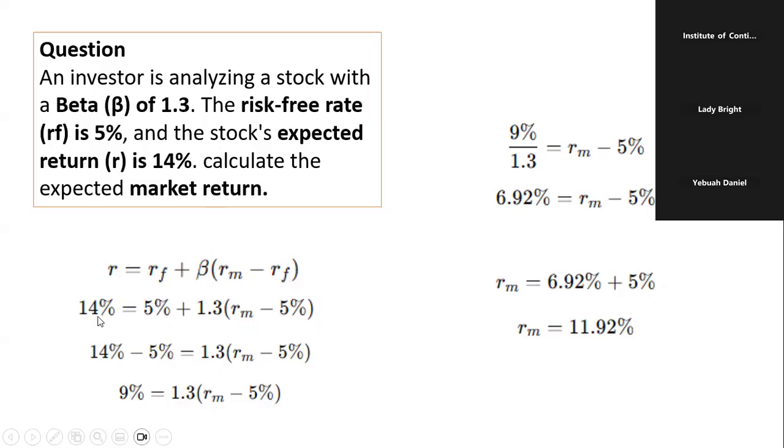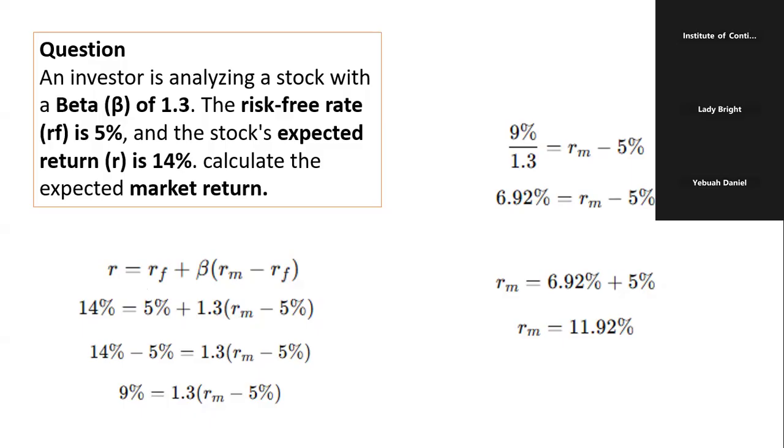Now, the expected return by the investor for that stock is 14%. Risk-free is 5%. The beta is 1.3. E(R market) is what we are looking for, the market return.